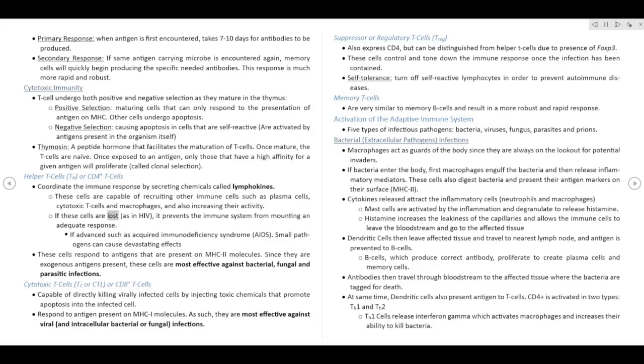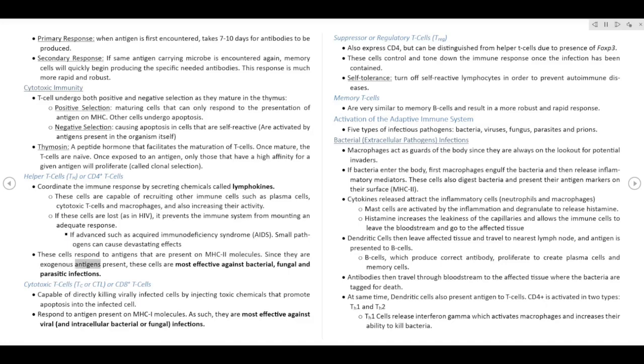If these cells are lost, as in HIV, it prevents the immune system from mounting an adequate response. If advanced, such as acquired immunodeficiency syndrome, AIDS, small pathogens can cause devastating effects. These cells respond to antigens that are present on MHC2 molecules.